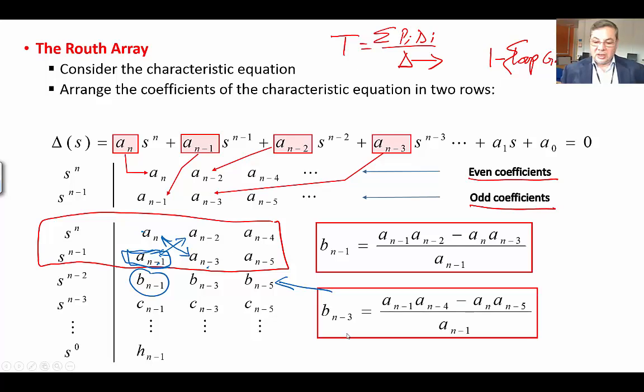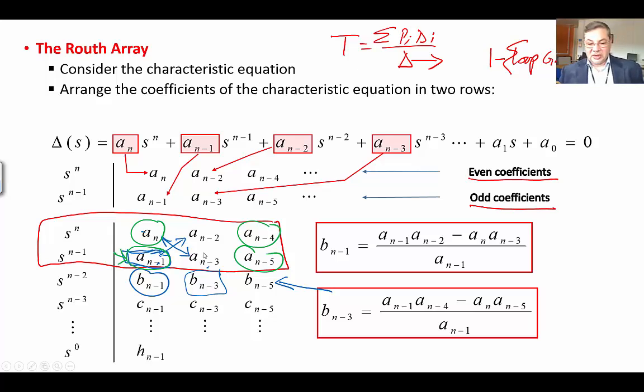Then the second element is obtained the same way: the pivot is the same, but we multiply an minus 1 with an minus 4, minus this multiplied by that, all divided by the pivot, which is still the same, and so on.